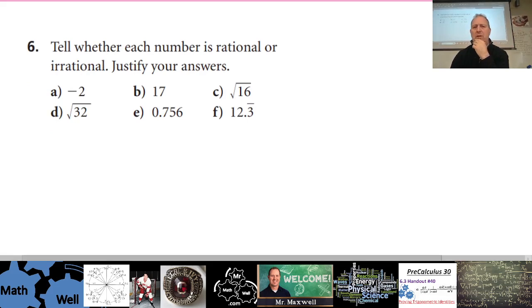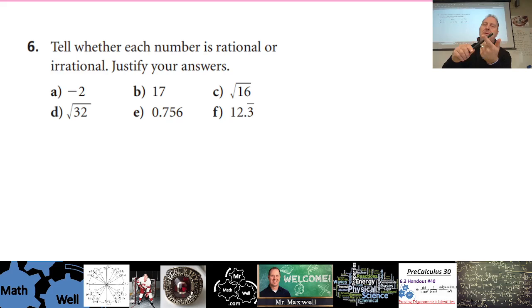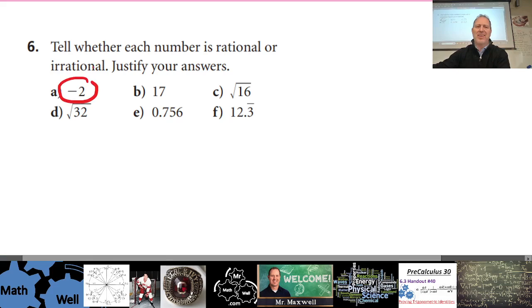Tell whether each number is rational or irrational. Oh, that's easy. We remember the review there. A rational number has a decimal that terminates or is repeating, right? So in this question, you can just look at a lot of these and you can say whether it's rational or irrational. -2 is a decimal that terminates, right?